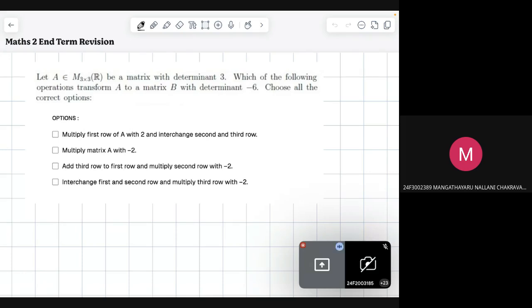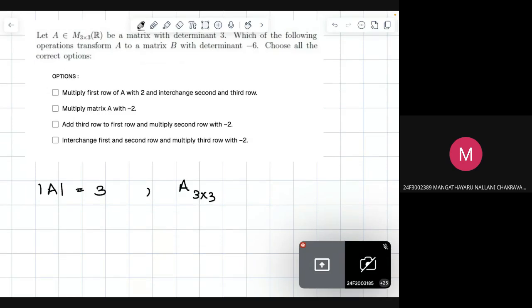Right. So let's break down the problem. What is being asked here is that we have been given a matrix A, and its determinant is given as 3. And A is a 3 by 3 matrix. Now we are applying a transformation operation.